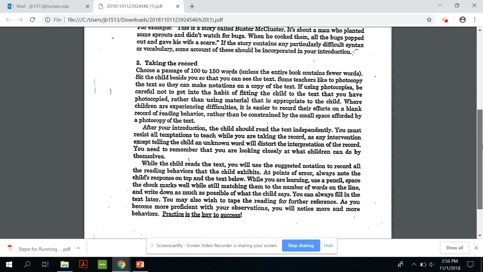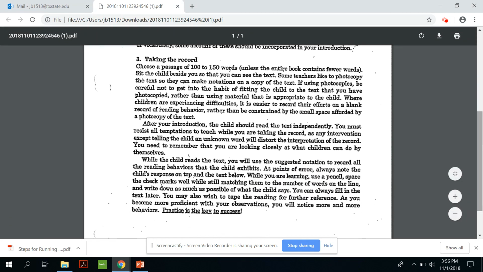And then you take the running record. While you're seated next to the child, you've got a copy of the text. While the child's reading, you are making your code marks on your copy of the text so that you are identifying where the student reads words correctly and where they make mistakes.